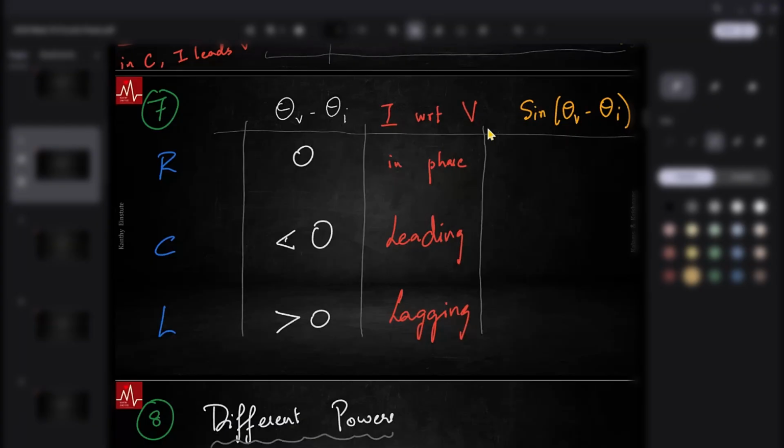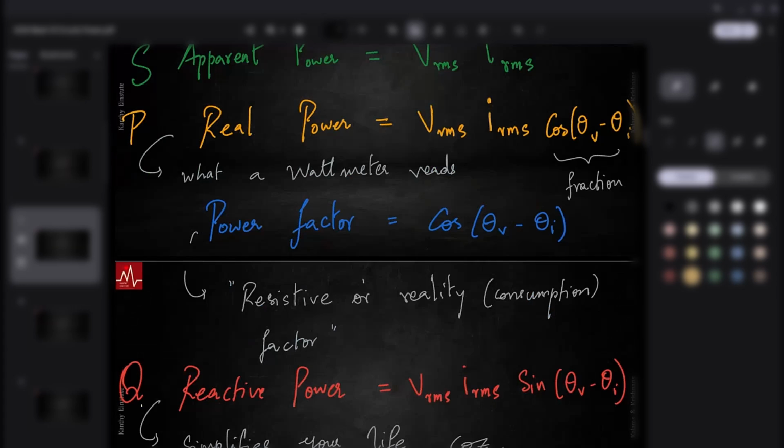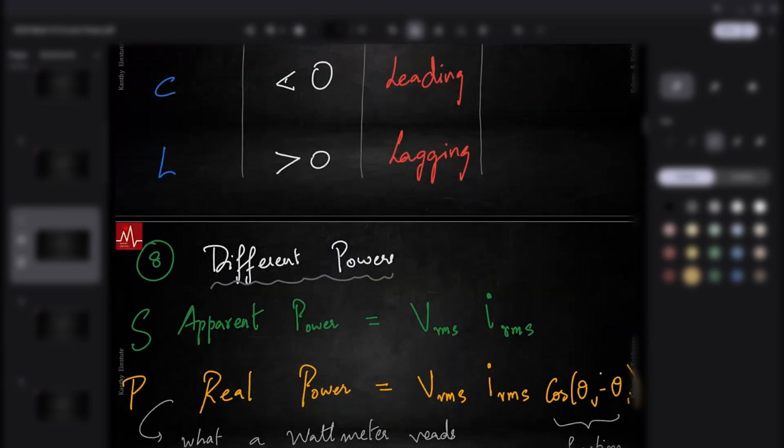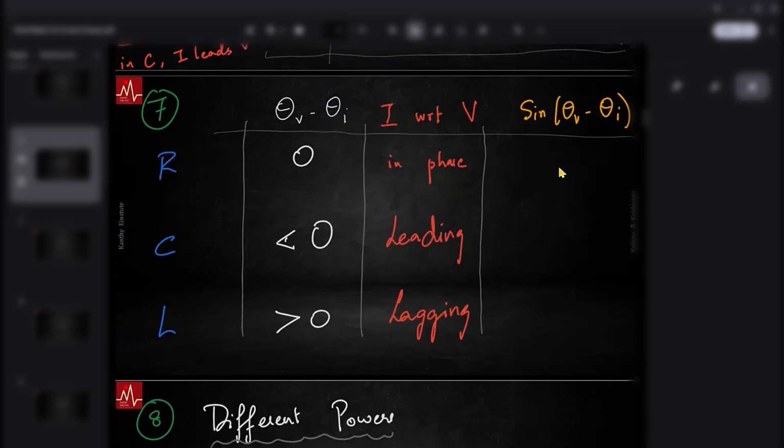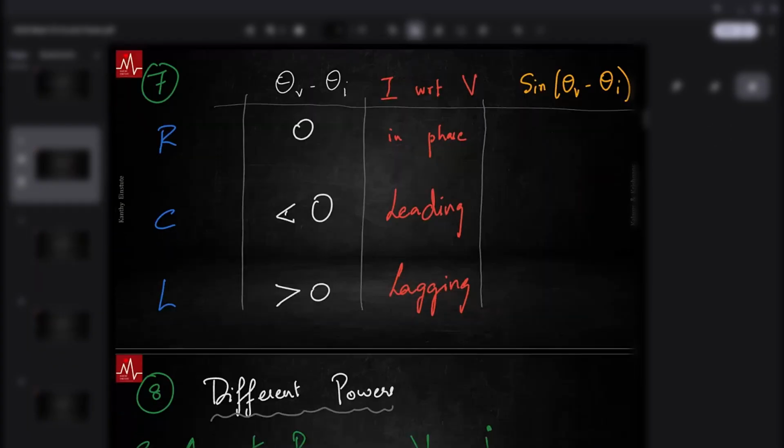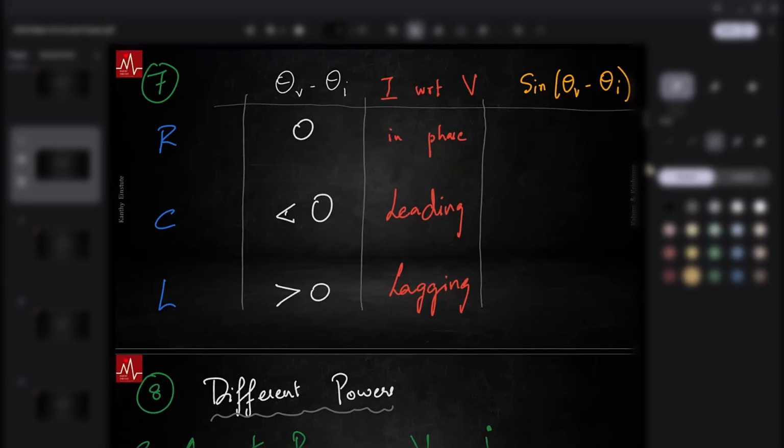I'm looking at reactive power, Q, sine of (theta V minus theta I). Can we quickly complete this table? What should it be for this? This is easy. What should this be? Sine of (theta V minus theta I). Great. This is 0 for all.